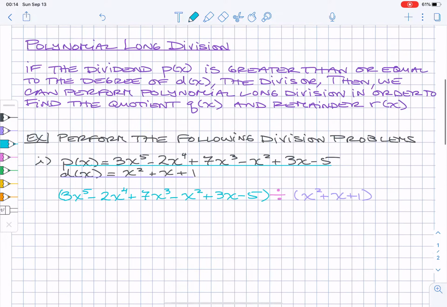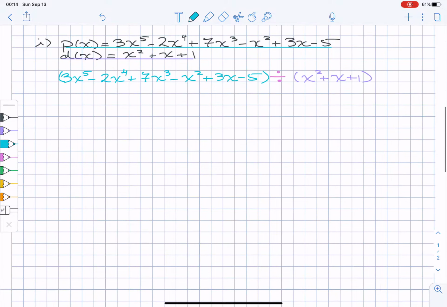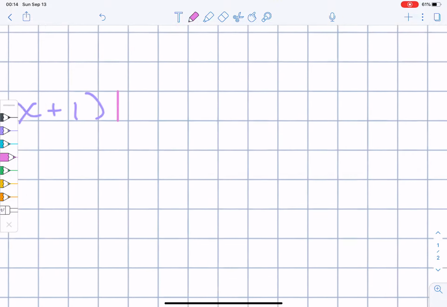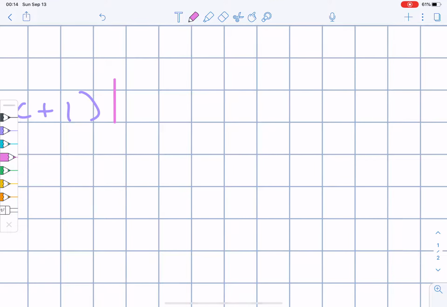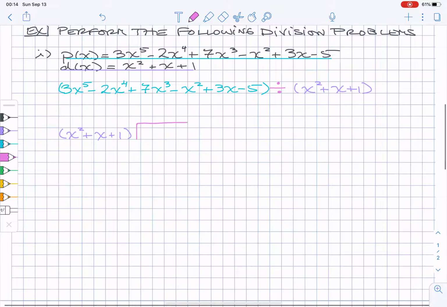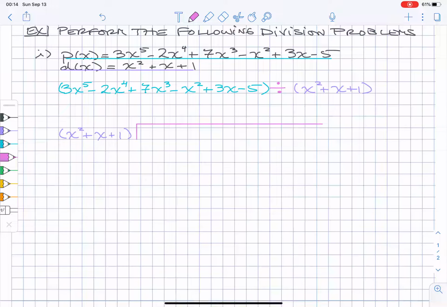Much like I did the long division problem up here, we'll set it up the same way. So we have x squared plus x plus 1, which we are going to divide into our dividend. This is going to be a long dividend: 3x to the fifth minus 2x to the fourth plus 7x cubed minus 1x squared plus 3x minus 5.